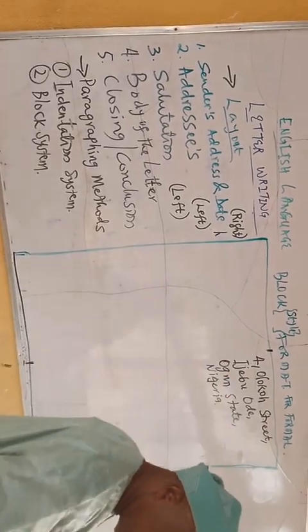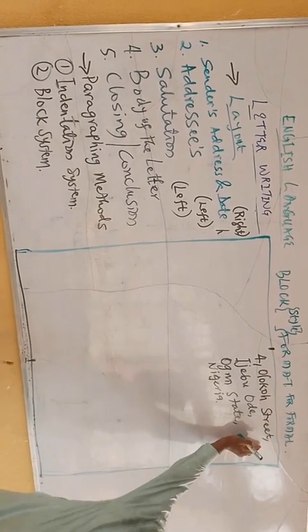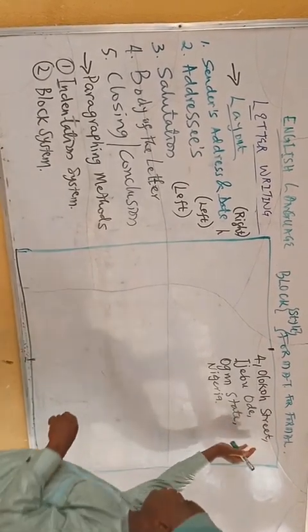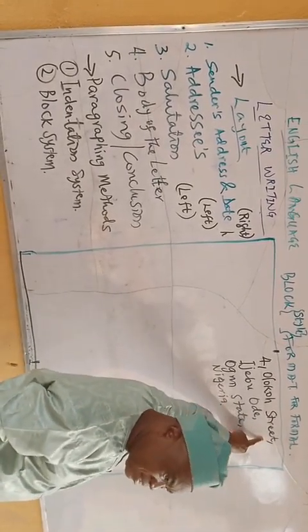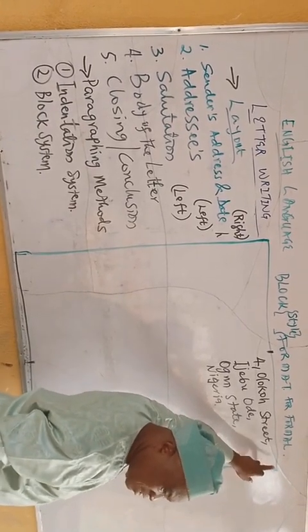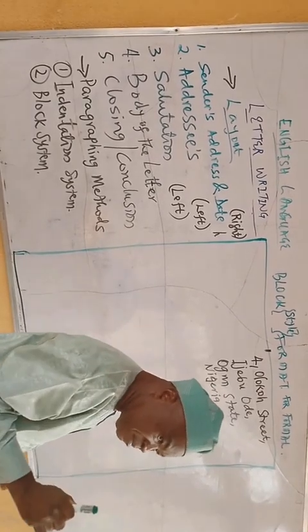One thing you must watch out for is that when you are writing on this side, which is the writer's block on your side, you must always observe the use of punctuation marks. You don't have to write to the edge, but let what you are writing be on the right hand side, being the one that is writing.